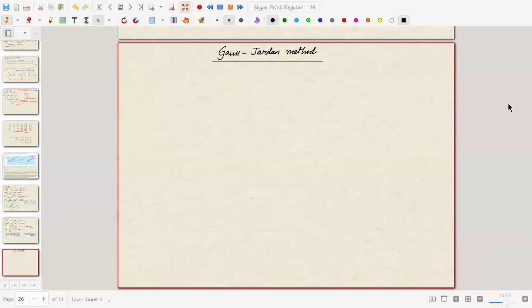Gauss Jordan method is nothing new. It's just a variation, another variation of the method.